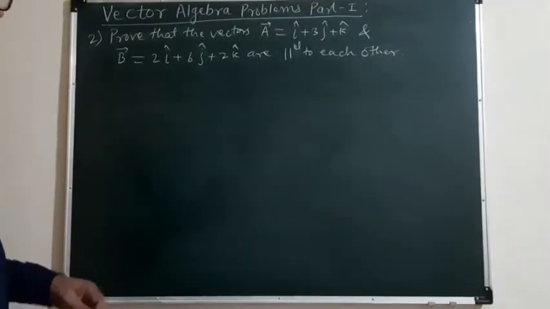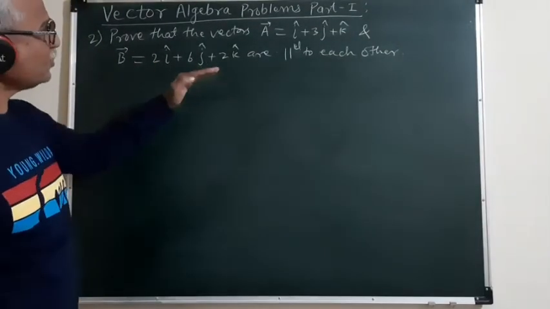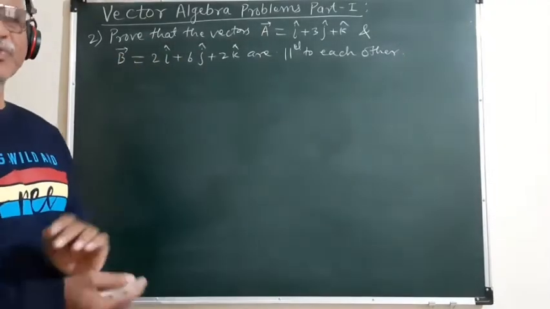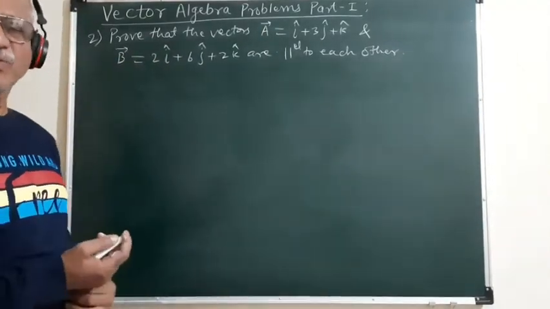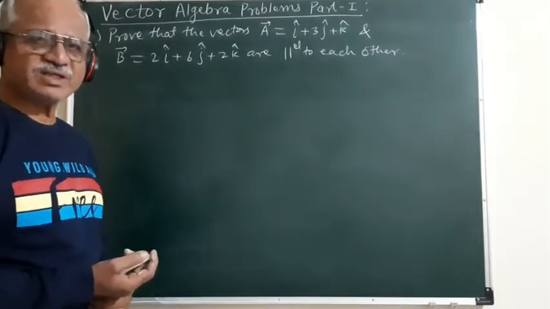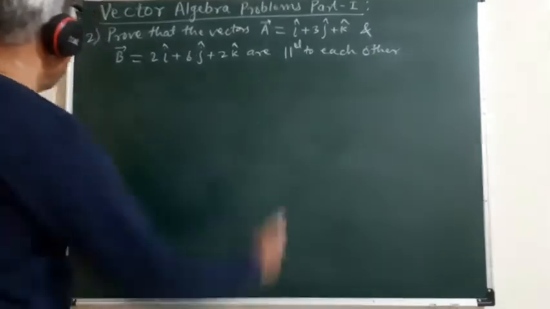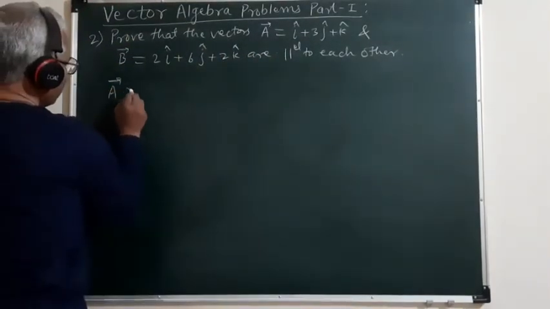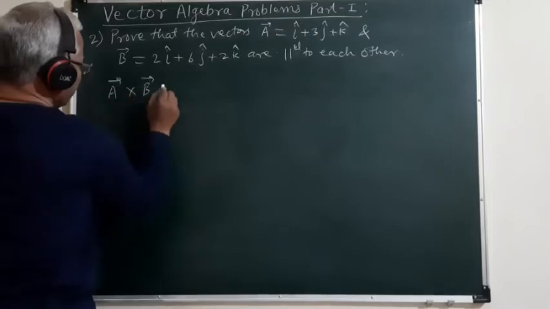So here since we are asked to prove that the vectors a bar and b bar are parallel to each other, which means to say that we want to prove that the cross product of these two vectors is equal to 0. So let us evaluate the cross product of a bar and b bar.